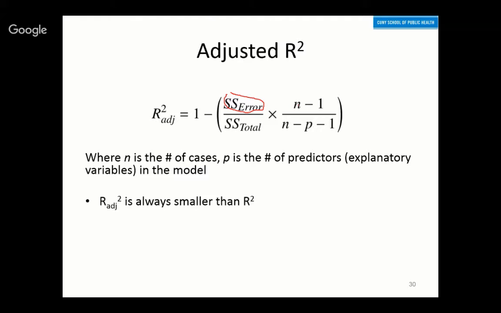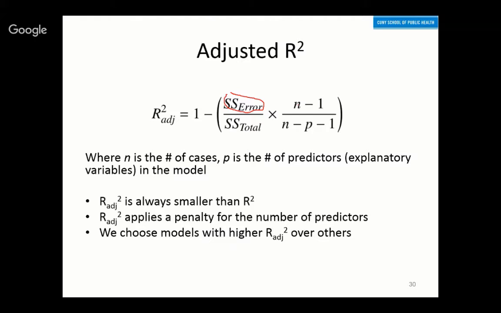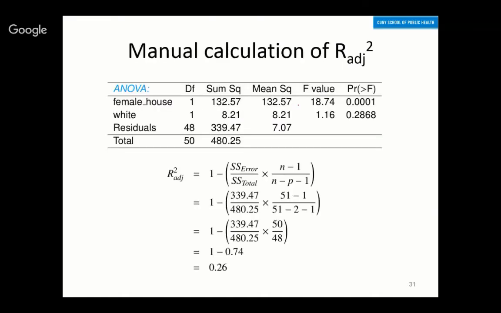It's always smaller than R squared because p, your number of predictors, is going to be 1 or more. It's a penalty on the number of predictors, and it gives you something that you can use for model selection. So if you're trying to build a predictive model or your best multivariate model, you can just choose the model with the highest adjusted R squared.